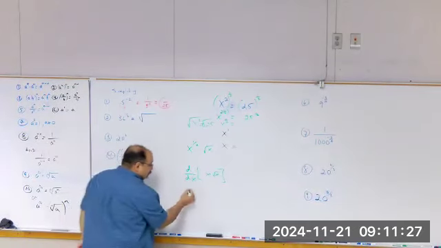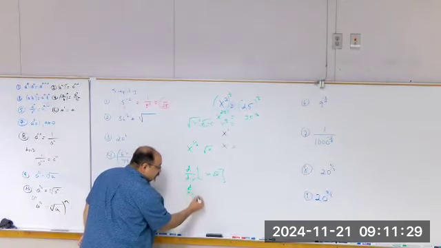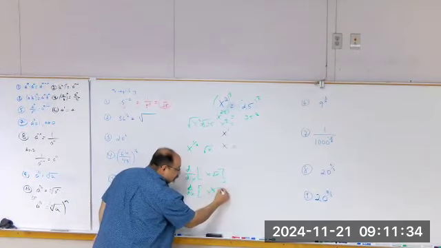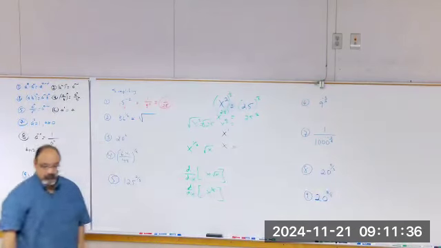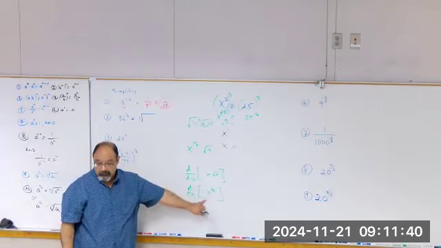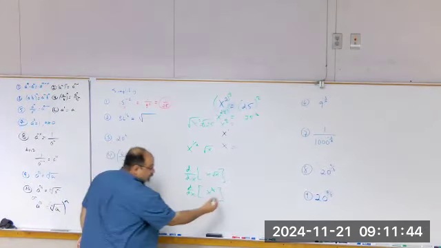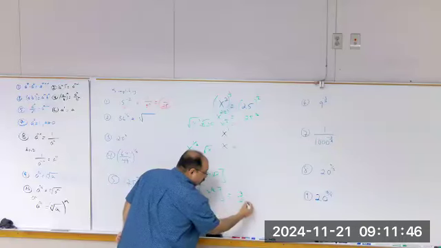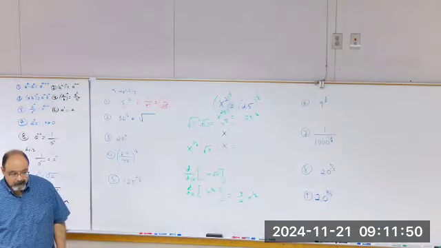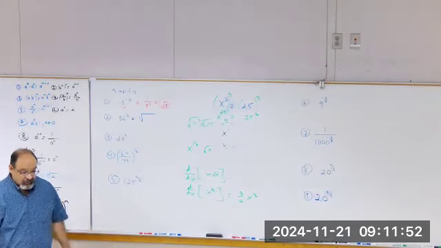We have a rule for the derivative with respect to x of x to the 3/2, and the derivative would equal 3/2 times x to the 1/2. Again, don't worry about what I just did.